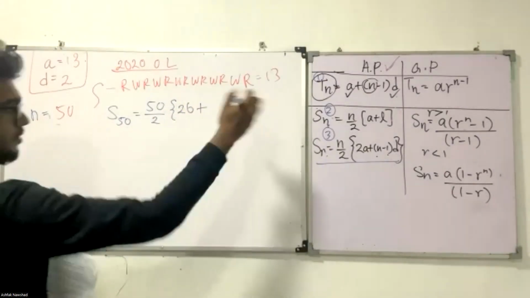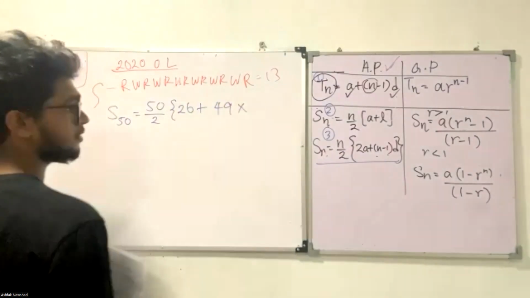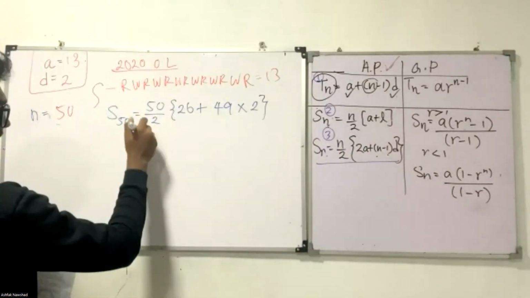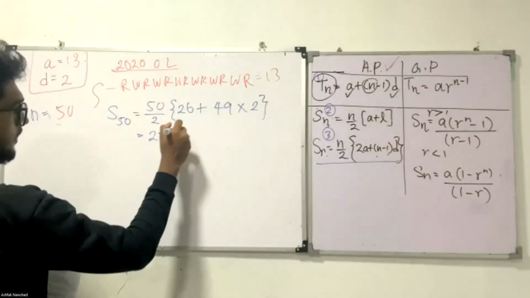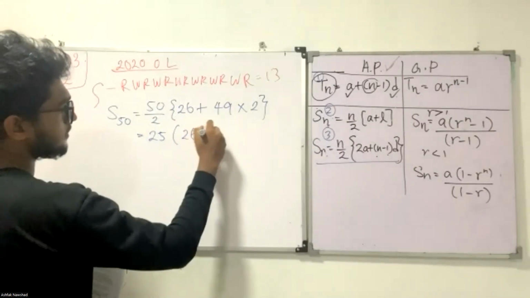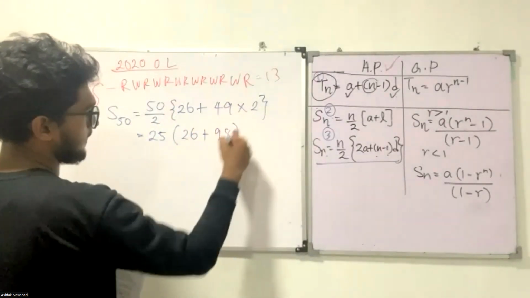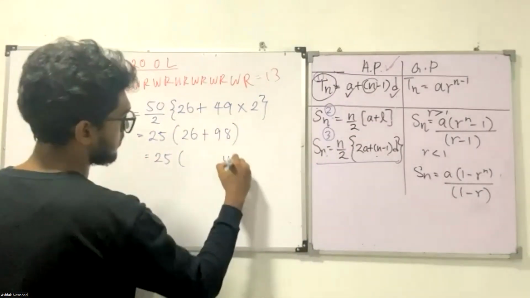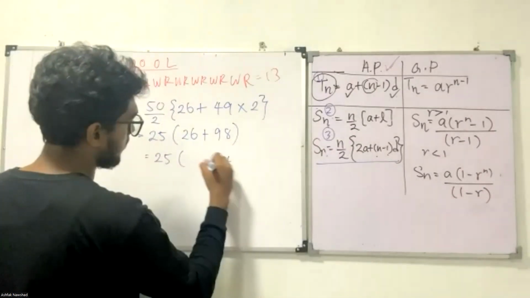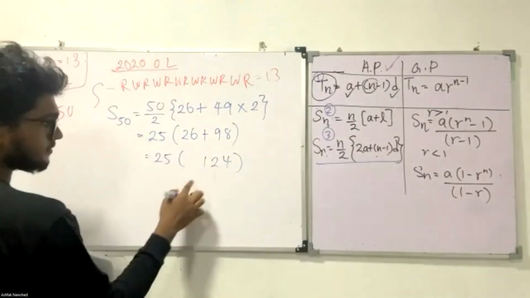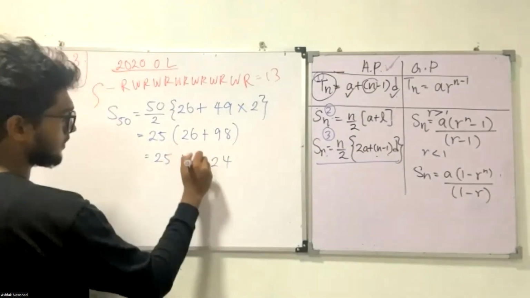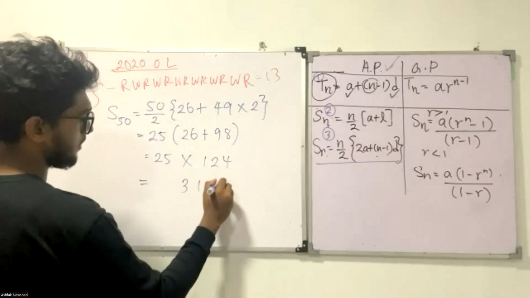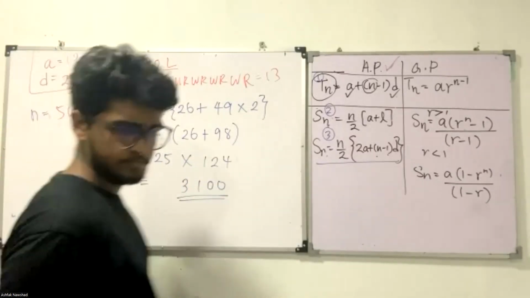N is 50, so 50 minus 1 is 49 into d. D is 2. I'll just simplify this. 50 divided by 2 is 25. Here it's 26 plus 98, so 25 times 124. What's 25 times 124? 3100. This is the answer.